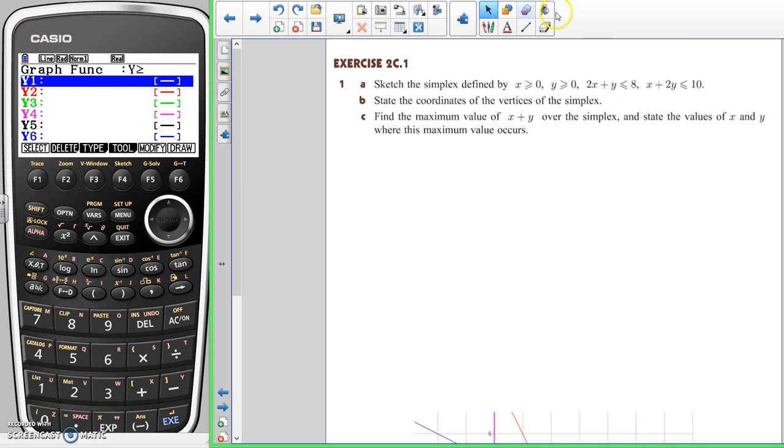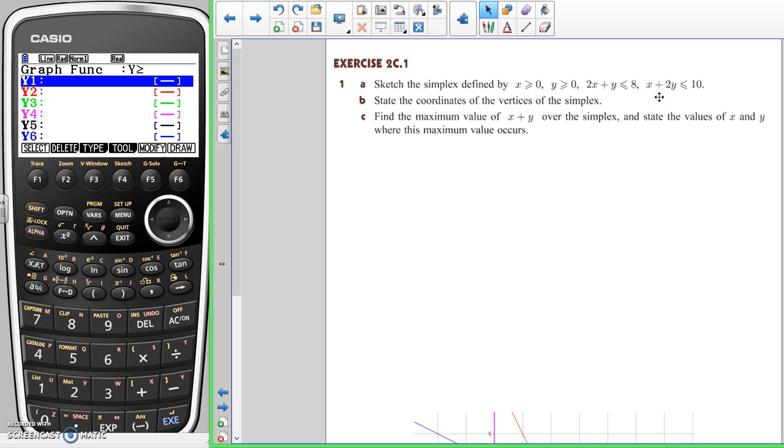Now, if we look at a question here, this is question 1 of 2C1. What we need to do is sketch the simplex defined by x is greater than or equal to 0, y is greater than or equal to 0, 2x plus y is less than or equal to 8, and x plus 2y is less than or equal to 10. So obviously we need to be able to plot the points or create the lines for these two.